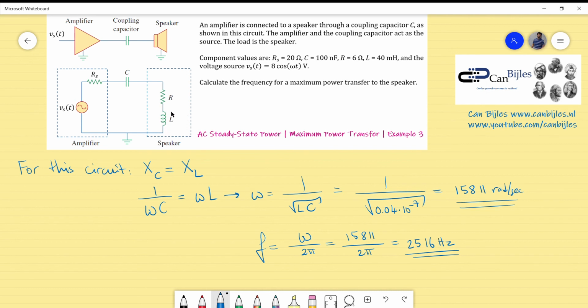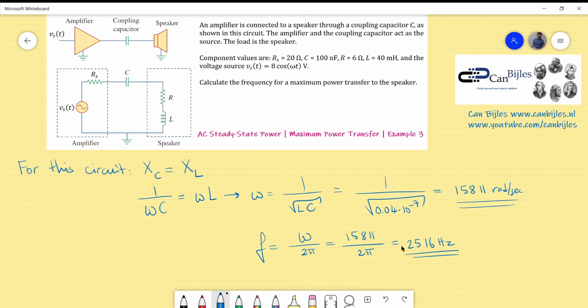The inductor will be an open circuit, so there is no current flowing in this circuit anymore because of the very high frequencies. If you make it very low frequency, then the capacitor will be open. So you will see two extremes: if you make it very low and if you make it very high, you get the situation of open circuit, because of the C at low frequencies and the other way around with the inductor L.